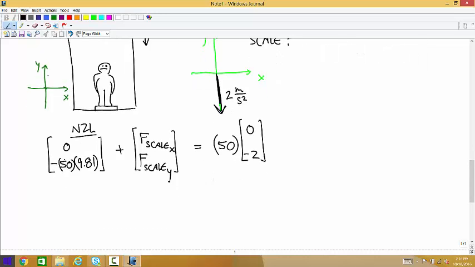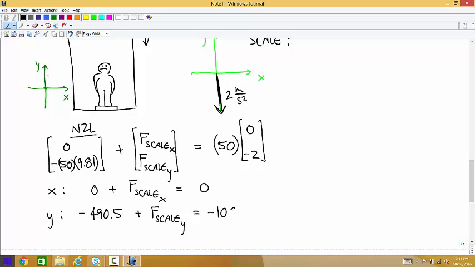And we can break this up into two different equations. The x components give you an equation. So the x equation says 0 plus F scale x is equal to 50 times 0, which is 0. And the y equation says negative 50 times 9.81, which is negative 490.5, plus F scale y is equal to negative 100.